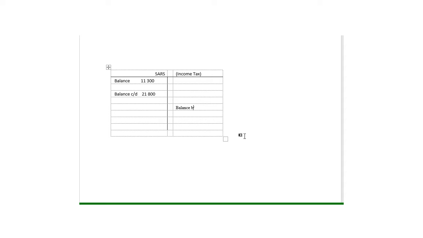So the drawdown must be on the side where it should be, 21,800.